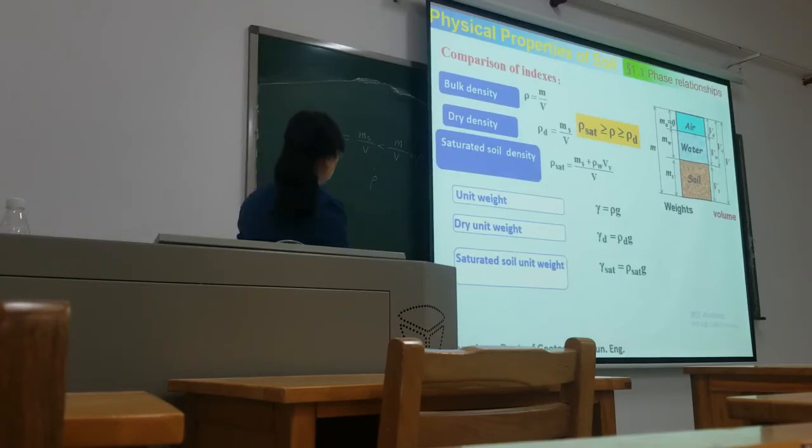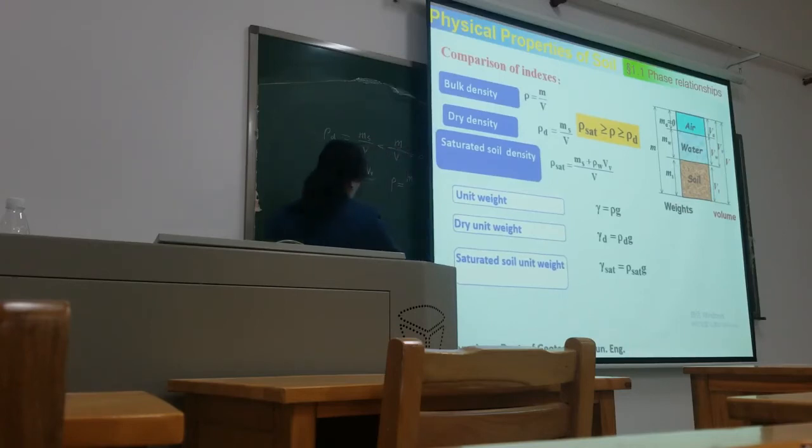Saturated density uses here the density of water, okay, volume, and all equal mass over volume.